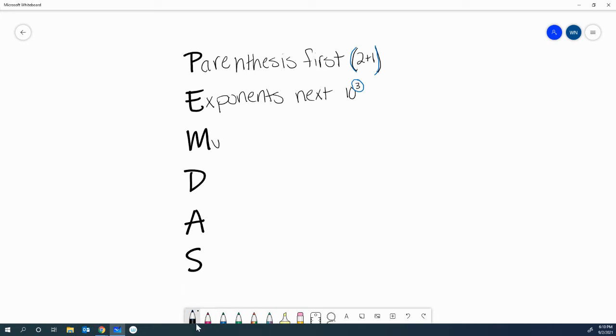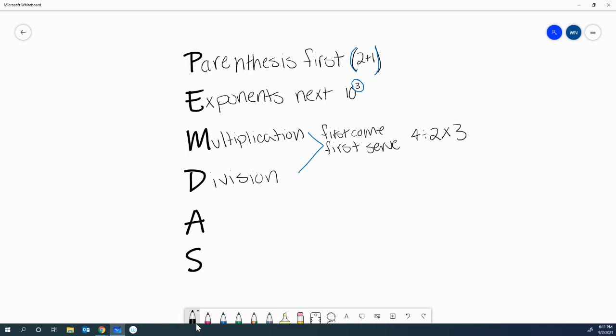Next, we've got multiplication and division. Now, these are really important because these are in the same step. So this is going to be first come, first serve. For example, let's say we've got 4 divided by 2 times 3.